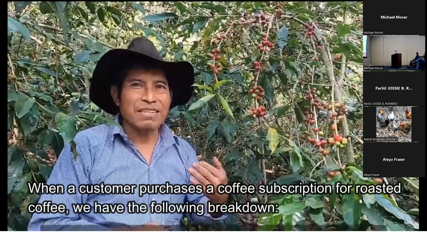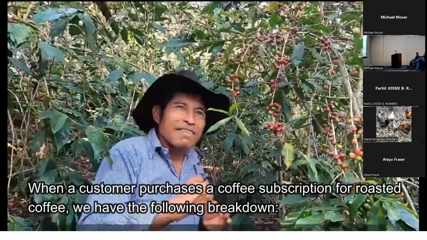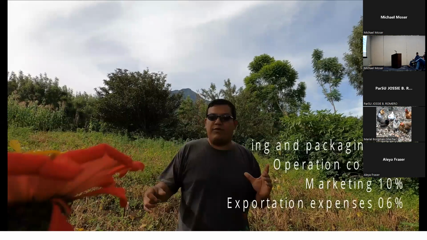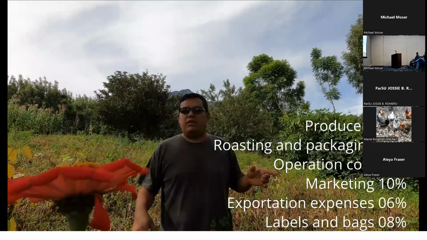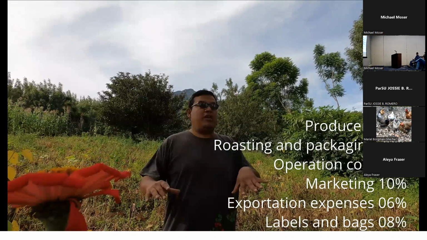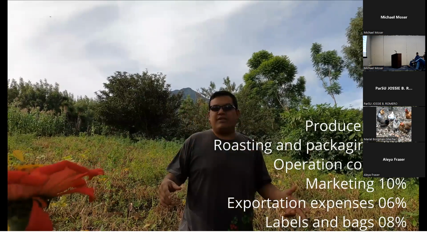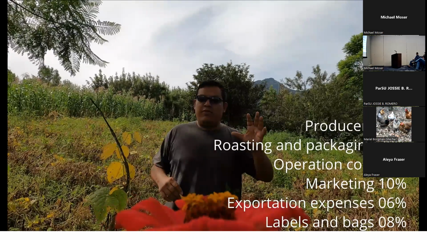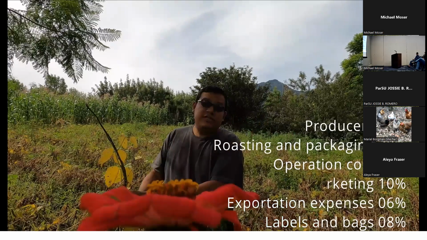When a customer purchases a coffee subscription for a roasted coffee, we have the following breakdown. 38% of this income is for the producers, 20% for roasting and packaging, 8% is the operation cost for De La Gente, 10% is investing in marketing, 6% is to cover the exportation expenses, 8% is for labels and bags.